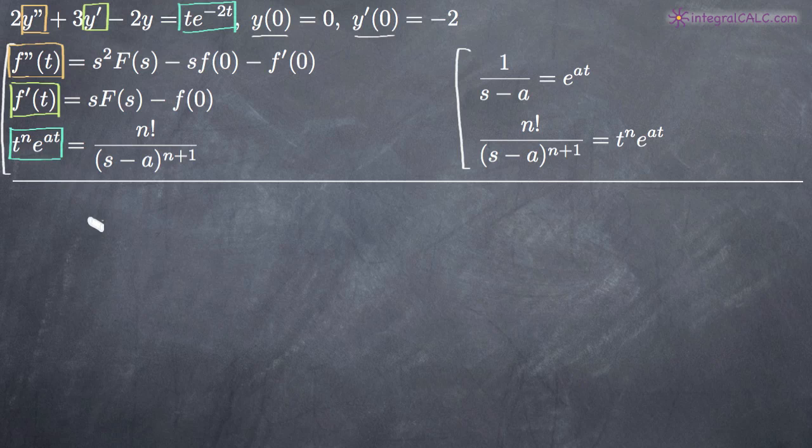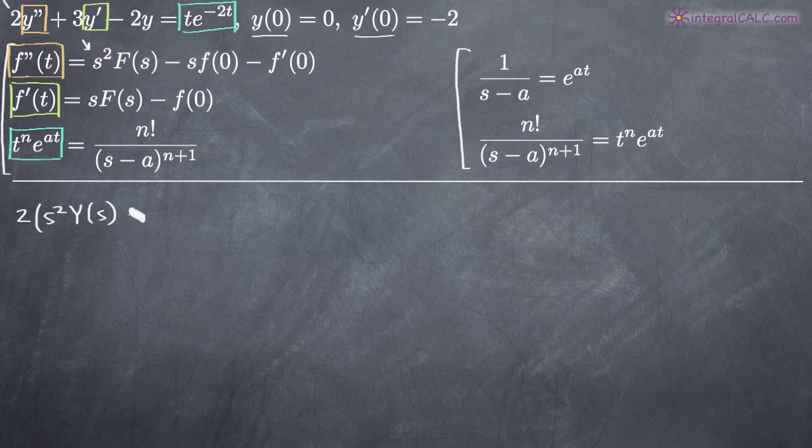We'll start on the left-hand side, so we're going to grab the 2 first. We're going to do 2 times, and remember, we're plugging in the right side of this equation here for y double prime. So we'll say s squared, and since our original function is in terms of y instead of f, remember that capital F of s denotes the Laplace transform, but since our function is in terms of y, we'll use capital Y of s instead of capital F of s.